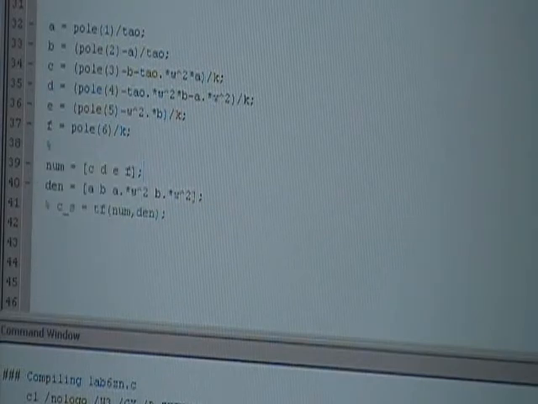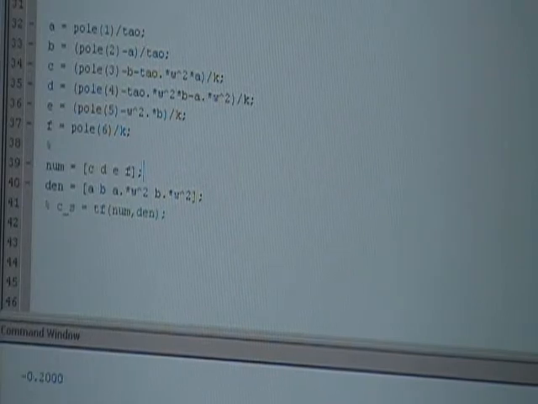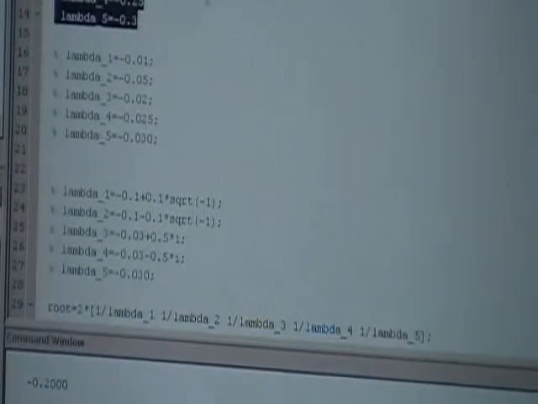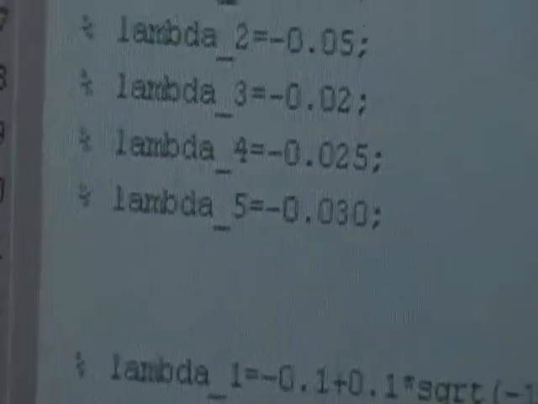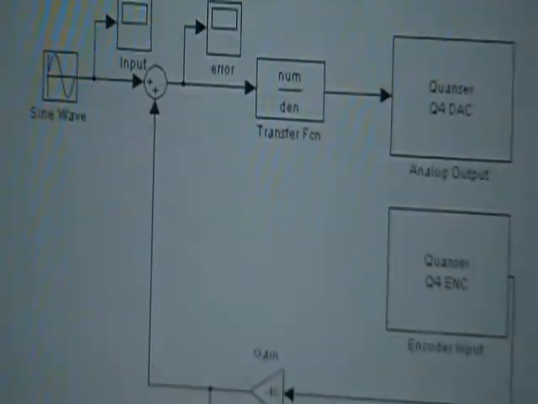And after that, you just run the code using the first 5 lambdas that you have. Then run the motor.